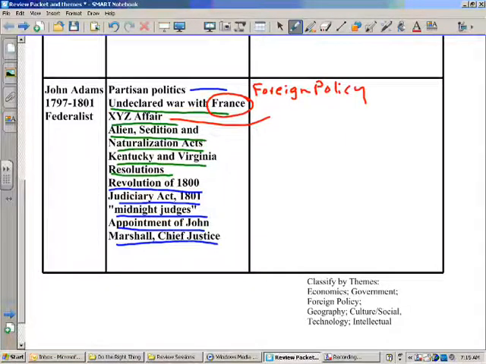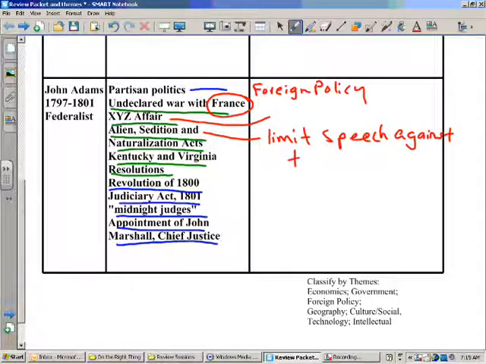Now, this Alien and Sedition Act would limit speech against the government. It also would keep an eye on and put limitations on immigration.